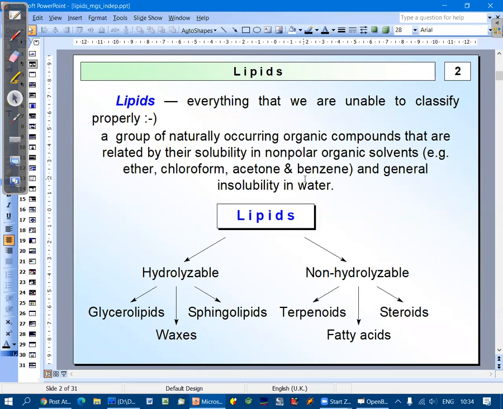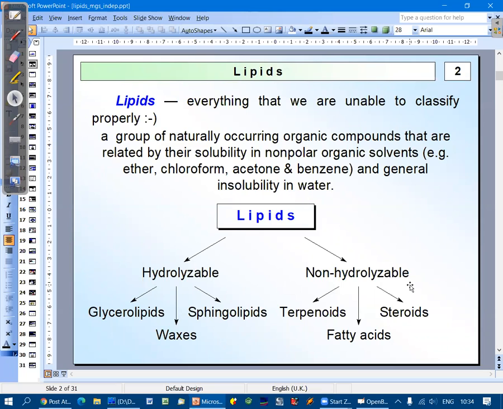As lipids are polyfunctional compounds, the classification is, I would say, a little bit confusing. First of all, the first variant of classification depends on their ability to be hydrolyzed or not. Hydrolyzable lipids contain usually ester functional groups or amides.